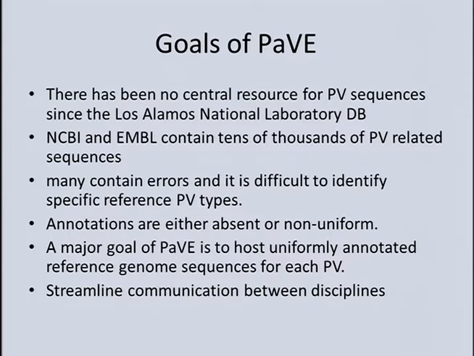The problem with NCBI and EMBL and databases like that is that there are hundreds of thousands of PV-related sequences on these databases, but they're not really annotated well. Lots of them contain errors, so it's really hard, unless you really know what you're looking for, to find all the sequences of interest. So a major goal of PAVE has been to host uniformly annotated reference genomes for each papillomavirus.